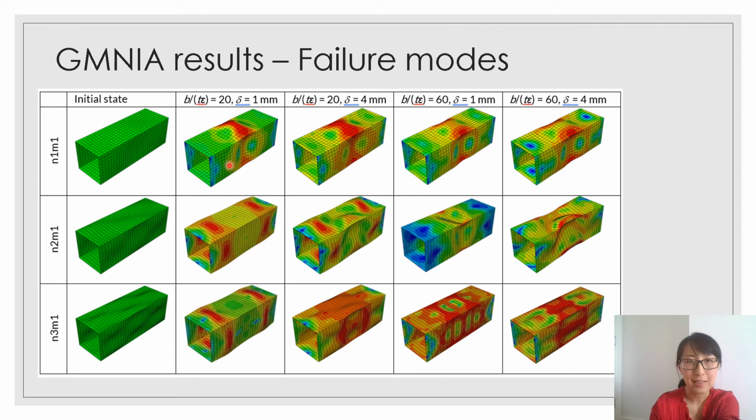So we can see that for stocky sections with small imperfections, the buckling mode is the typical plate buckling or elephant foot buckling. And as the slenderness gets higher and amplitudes get larger, the buckling modes get more complicated and can be associated with a higher resistance.